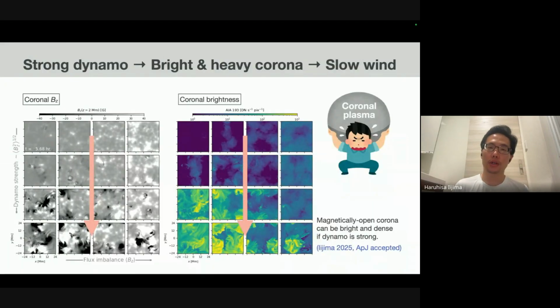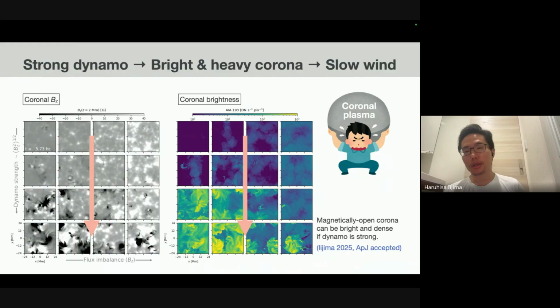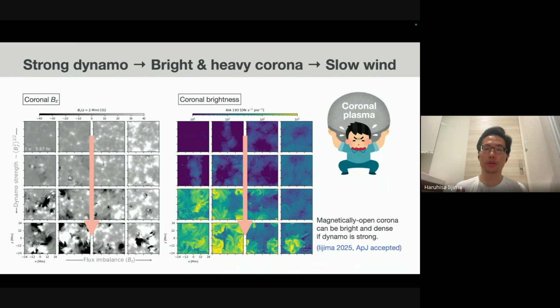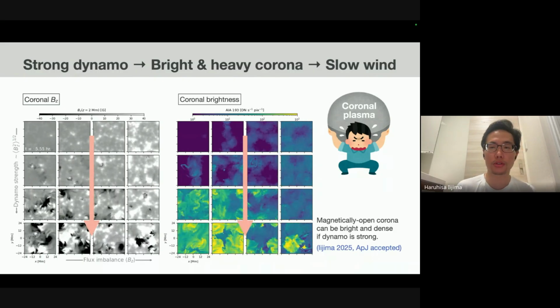So if the corona is bright, it means a heavy, more dense corona. It is difficult to lift up, so it leads to a slow solar wind speed. So this result is natural.